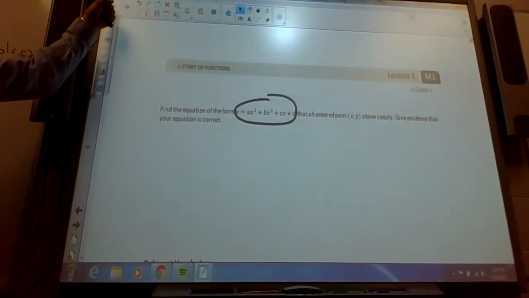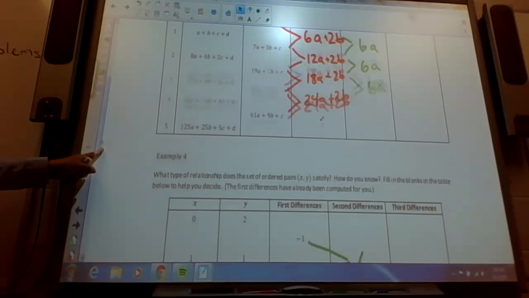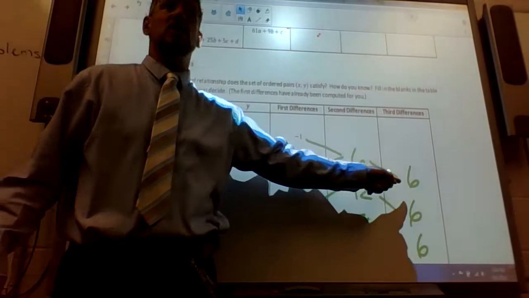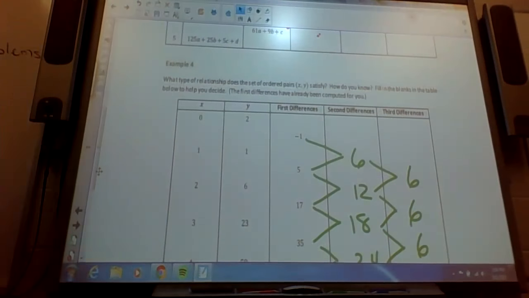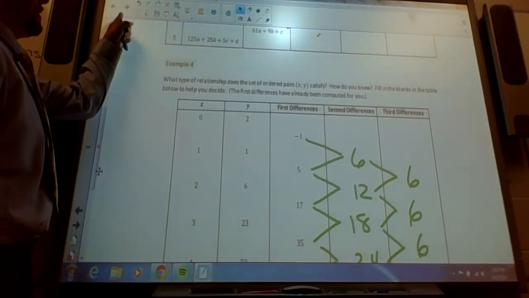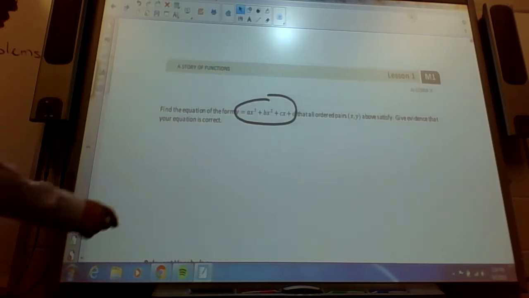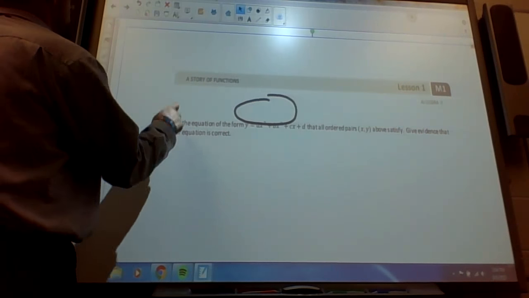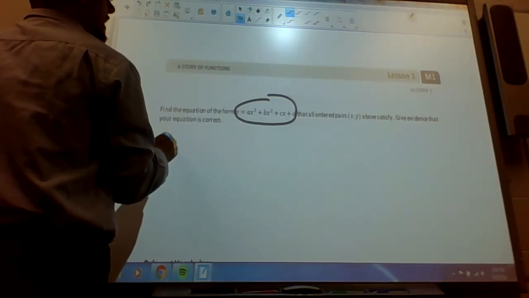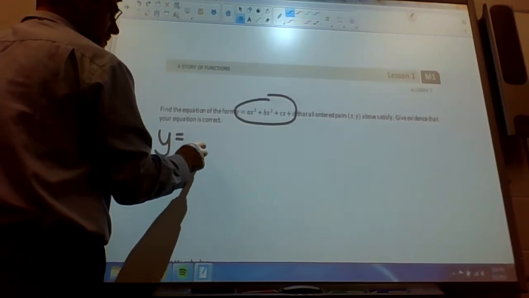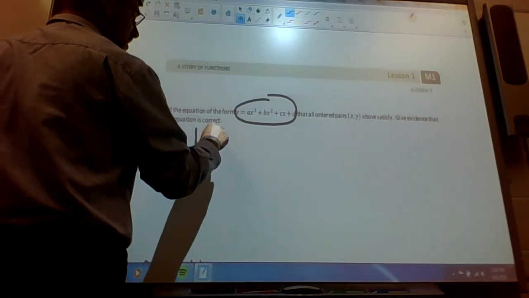So if that number is 6, what must a be? 6 times 1 is 6, right? So a is 1. So now I know y equals 1x cubed.